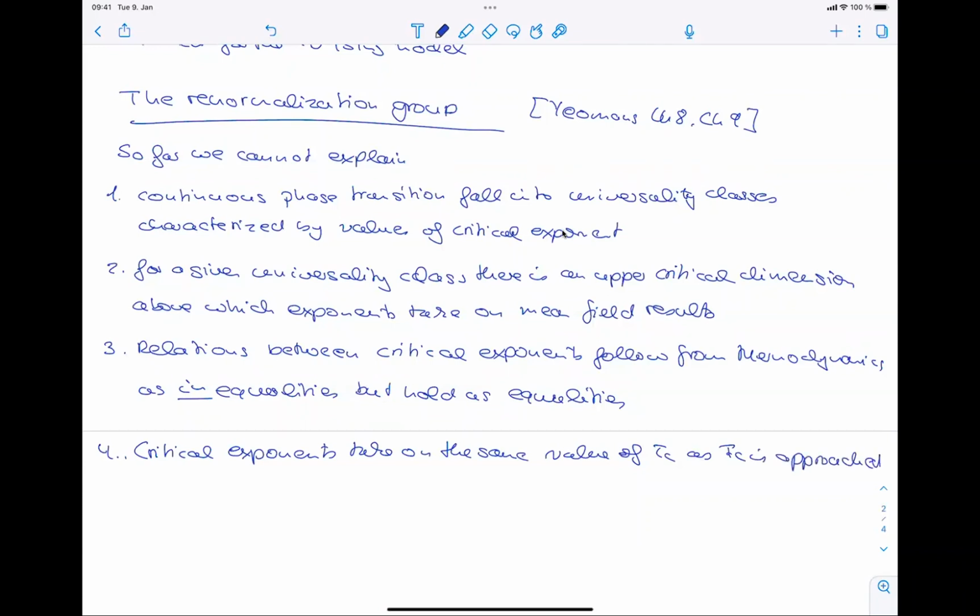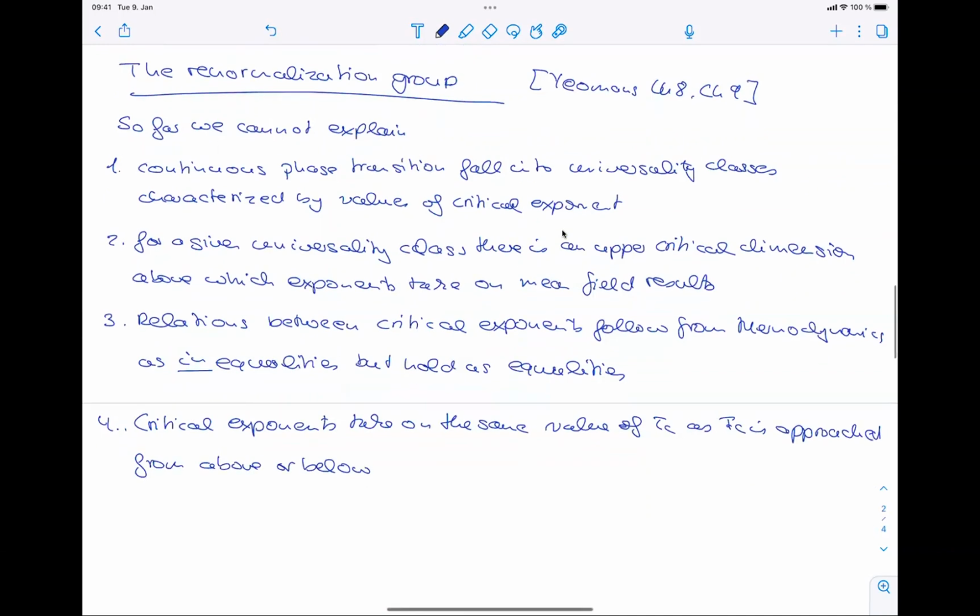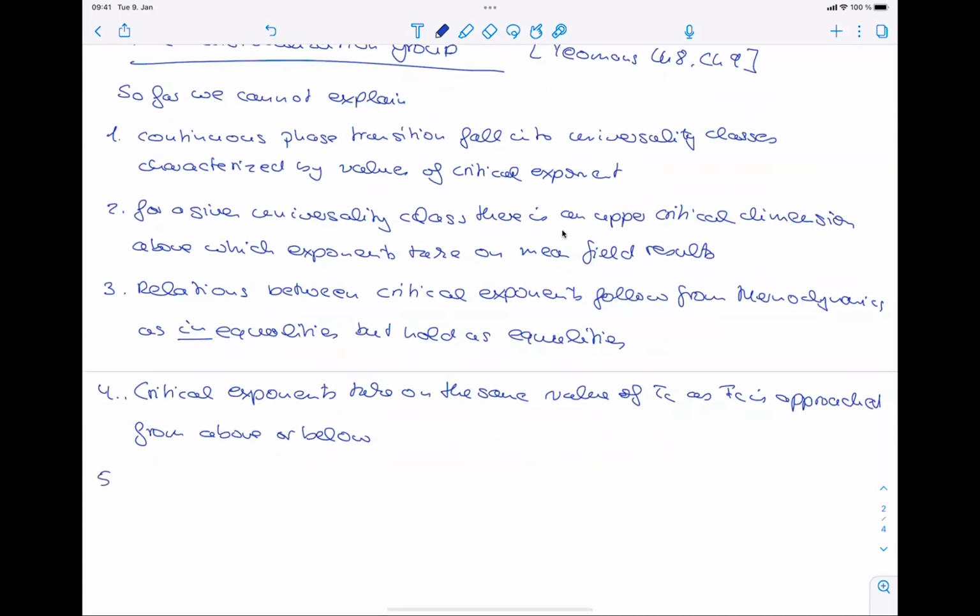And last, we observed that the 2D critical exponents so far often appear to be rational fractions.